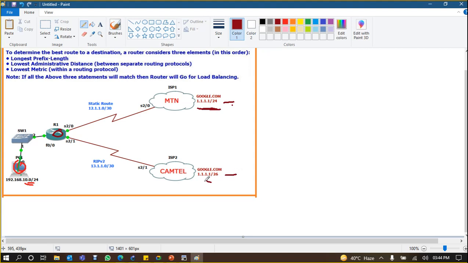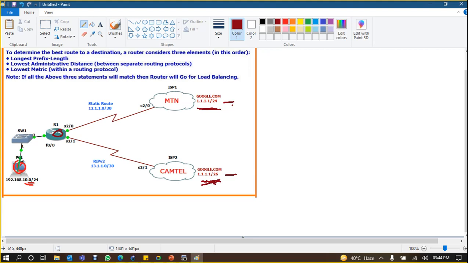Here is /24 and here is /26. So which one has the longest prefix or longest subnet mask? ISP1 or ISP2? I think it's ISP1. No, longest. Here is ISP2.